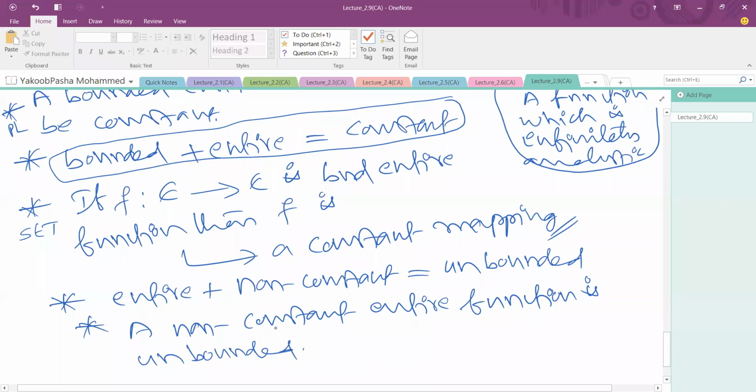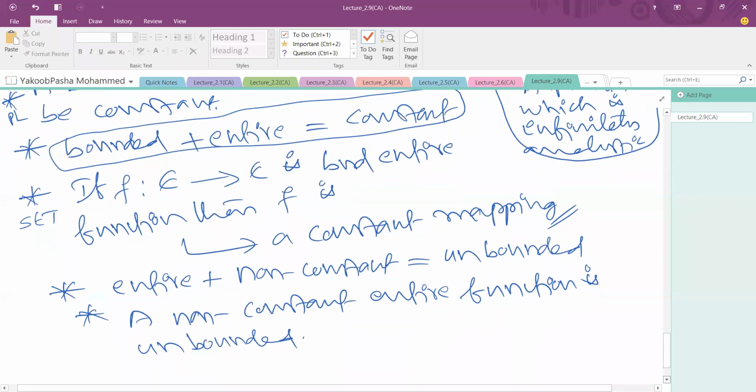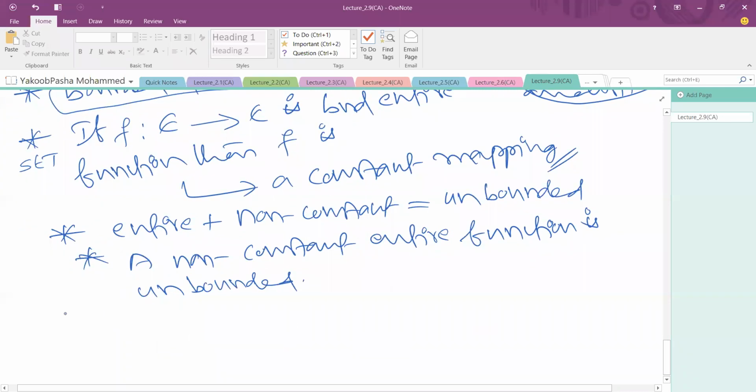Okay, now I'm taking another theorem. We know that e to the power of z is an entire function. Sin z is also an entire function, cos z is also an entire function.